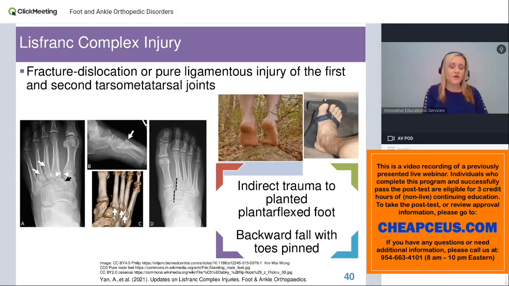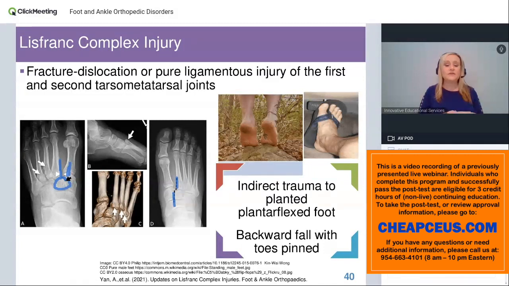Looking at the Lisfranc complex injury, this is a fracture dislocation type of injury that occurs. It's purely ligamentous, and is the Lisfranc. The medial cuneiform should articulate with our second metatarsal, but we see here there is a significant space and altered alignment.